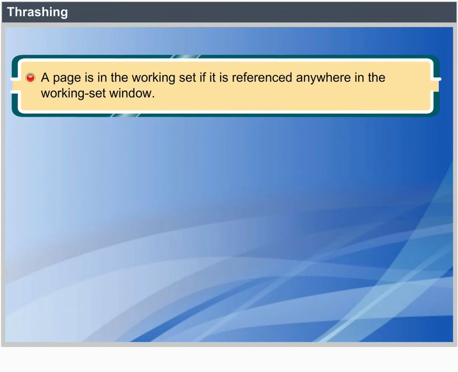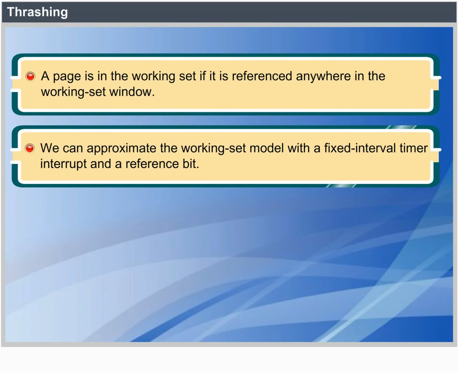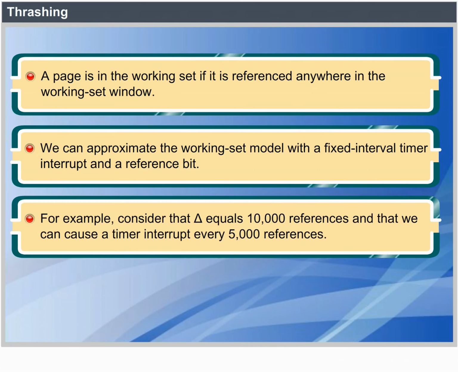We can approximate the working set model with a fixed interval timer interrupt and a reference bit. For example, assume that delta equals 10,000 references and that we can cause a timer interrupt every 5,000 references. When we get a timer interrupt, we copy and clear the reference bit values for each page.